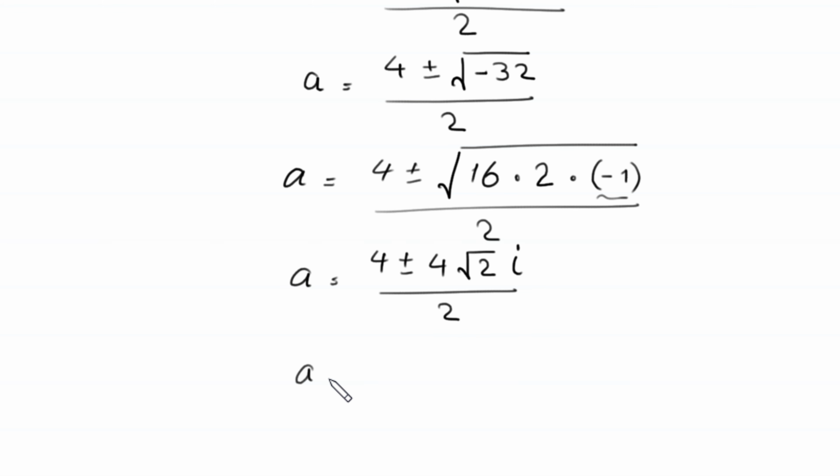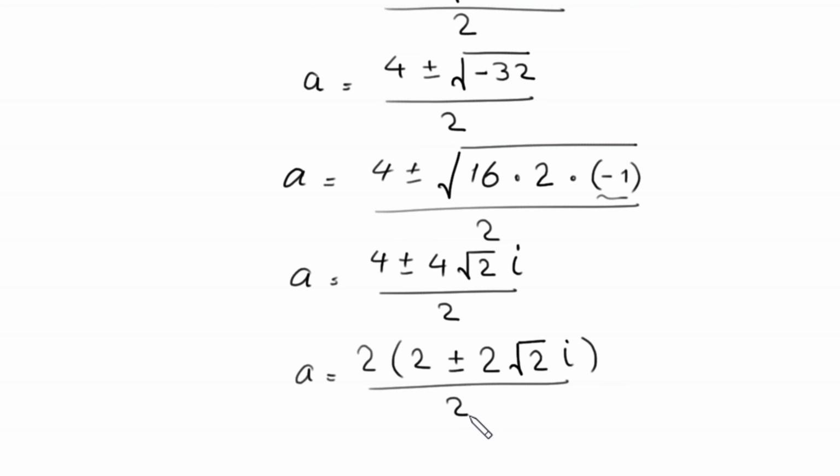Next, a is equal to, from the numerator we can factor out 2 as common factor, and in bracket left 2 plus minus 2 times root 2 i divided by 2.